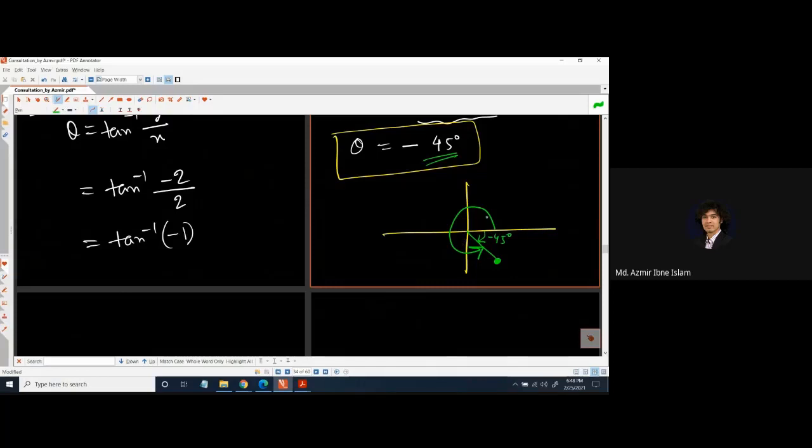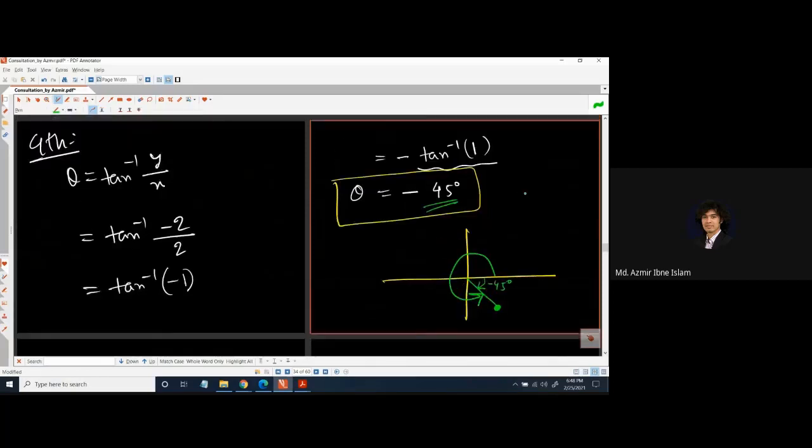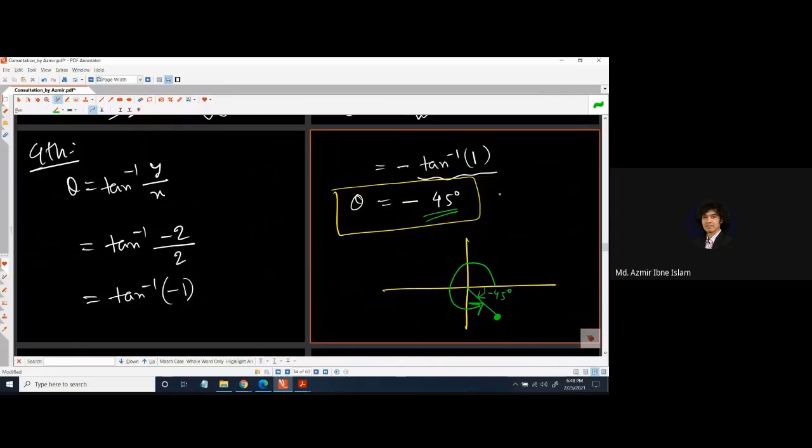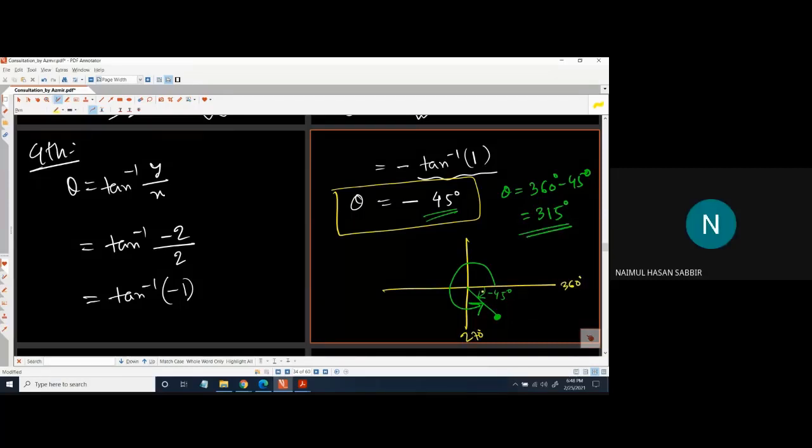So what we have to do, we have to add 360 degree. That means theta should be 360 degree minus 45 degree, which is equal to 315 degree. Have you understood?